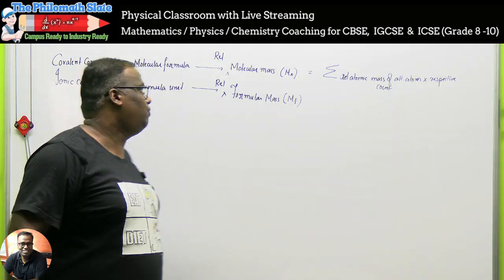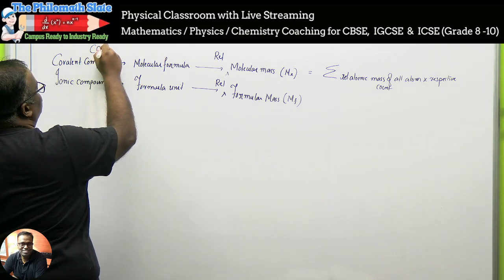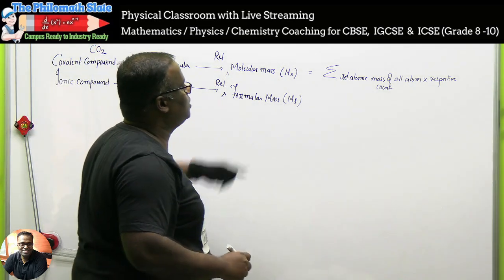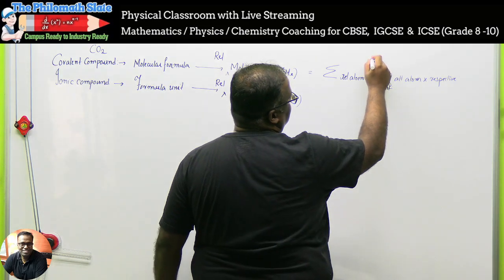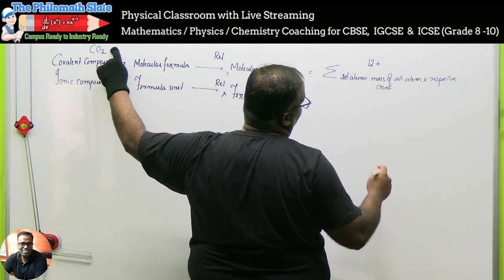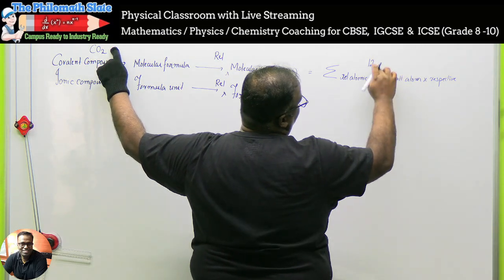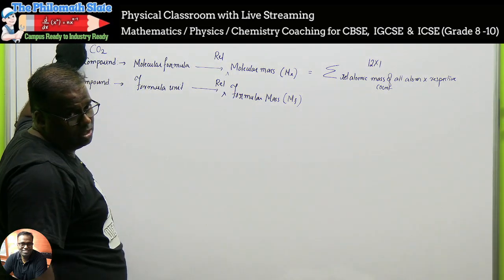Say for example, I have a covalent compound which is CO2. Then the molecular mass will be the sum of the atomic mass of all atoms. What is the relative atomic mass of carbon? 12. Then oxygen into respective count. So 12 means we have got only one carbon atom.